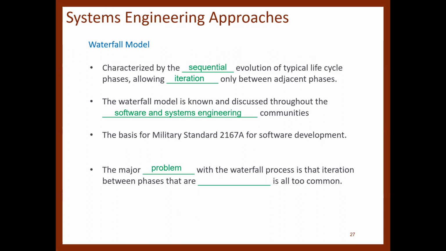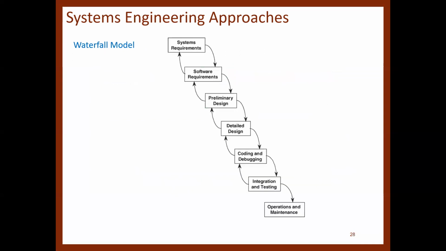The major problem with the waterfall process is that iteration between phases that are widely separated is all too common. So here's the representation of a waterfall model. You have that feedback between phases as represented by this figure until you get to the last step of the model.